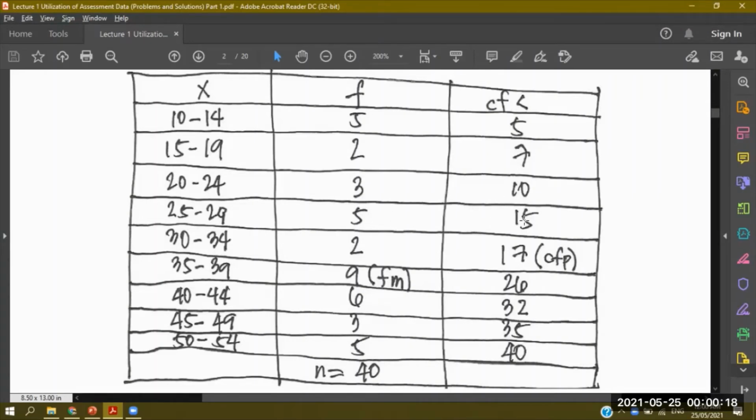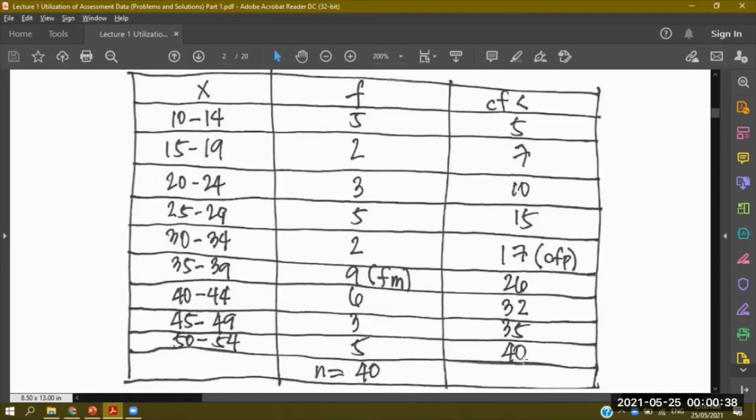We have 15 plus 2, that is 17. And then 17 plus 9, that is 26. And then 26 plus 6, that is 32. 32 plus 3, we have 35. 35 plus 5, that is 40. Okay.